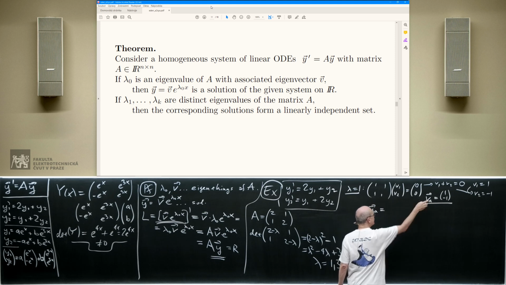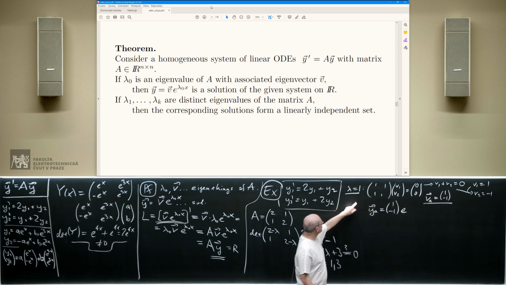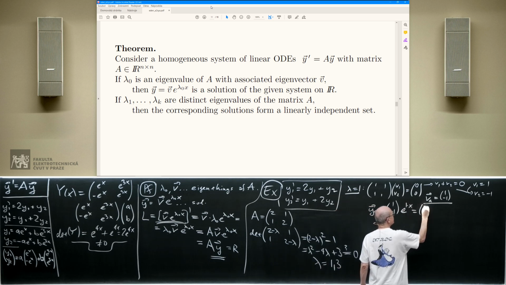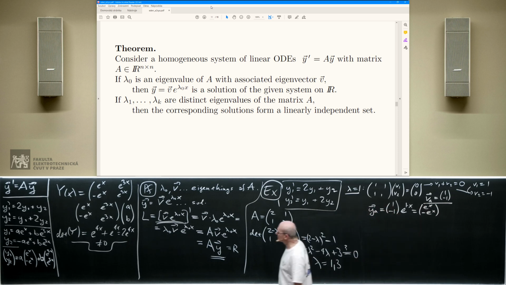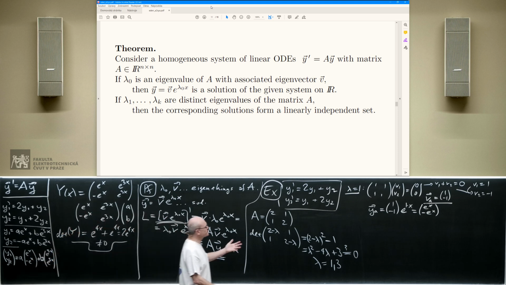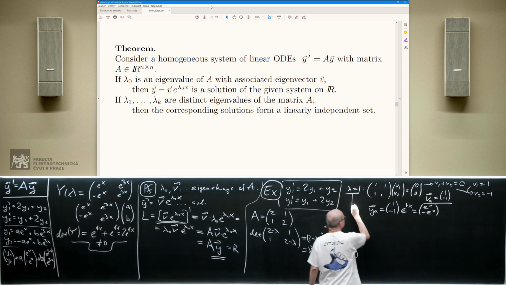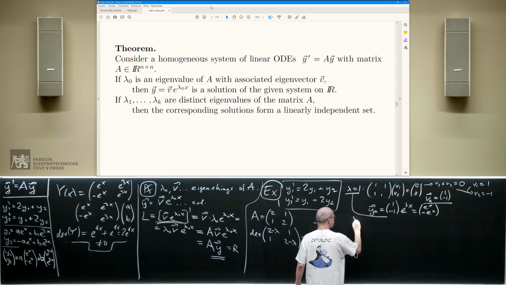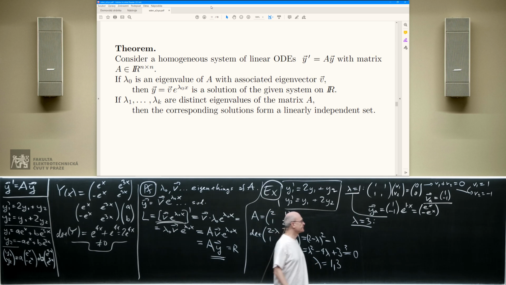YA is eigenvector times exponential created by the eigenvalue, which is simply vector function e to x, minus e to x, which is exactly this one. Okay? It seems to work. Wonderful. It's just not very friendly, but that's life. Eigenvectors, eigenvalues, this is not too bad. You can ask computers to do it for you.